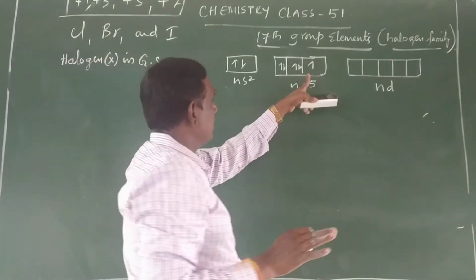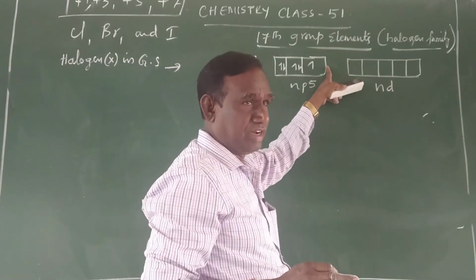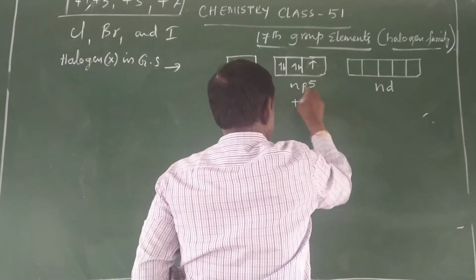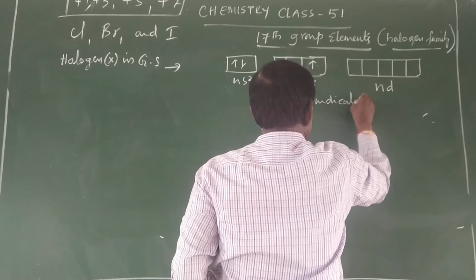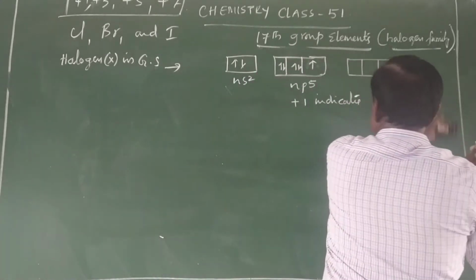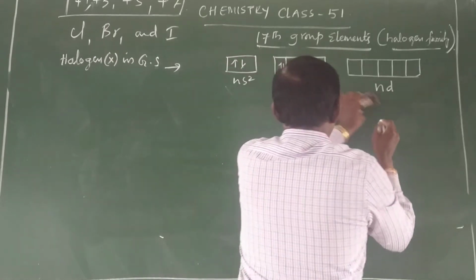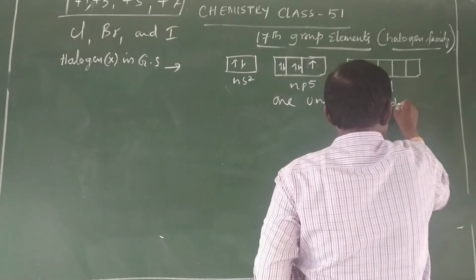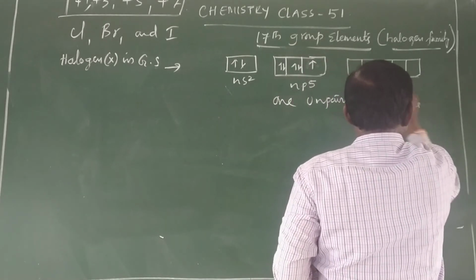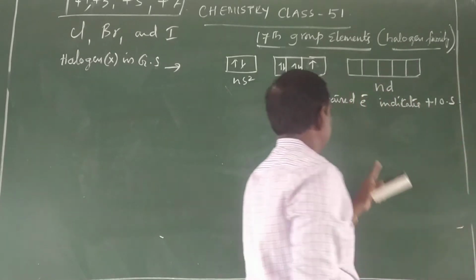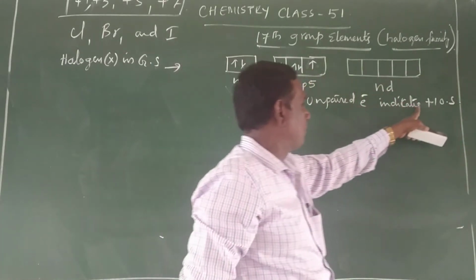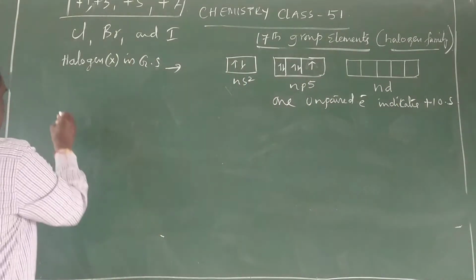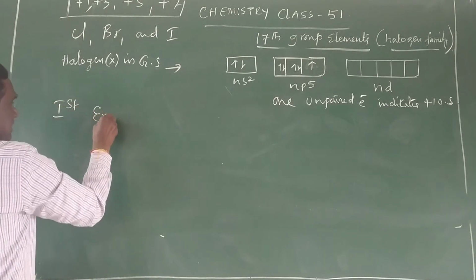Here there is only one unpaired electron, and one unpaired electron indicates the +1 oxidation state in the ground state. Now that is the ground state. Next, let me write the first excited state.